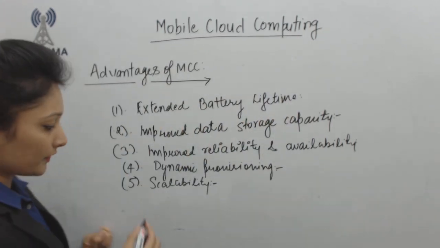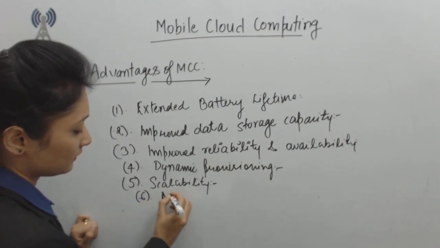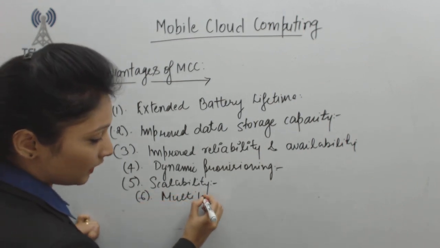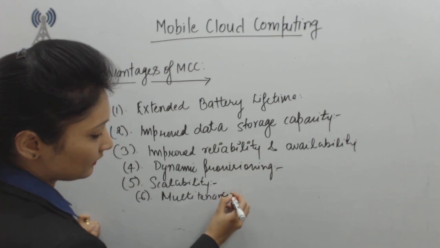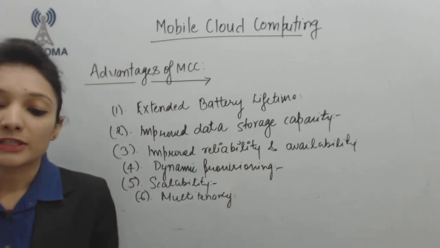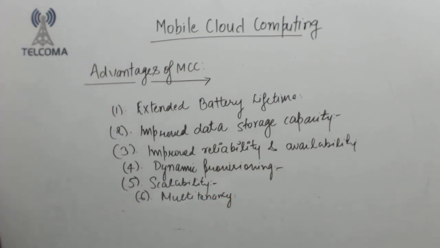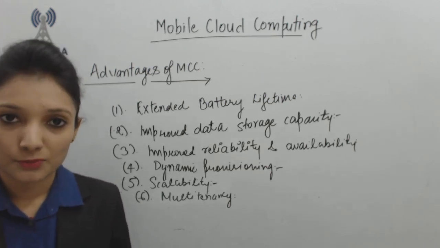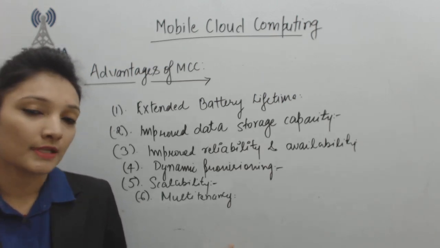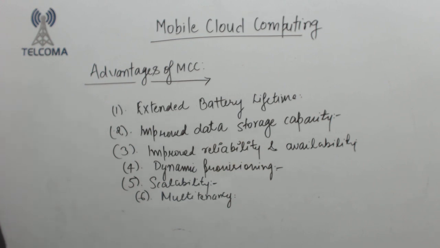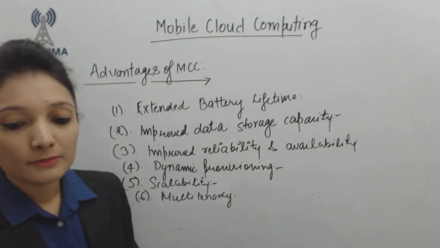After that, it offers multi-tenancy. That means service providers can share the resources. It provides multi-tenant options. That means they can share the resources from a pool of available resources.